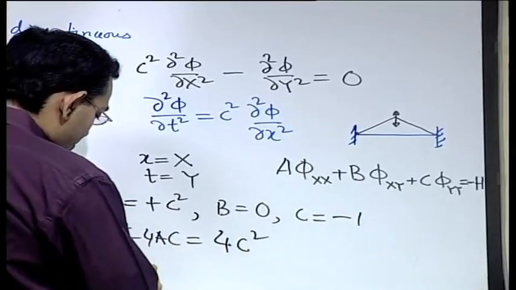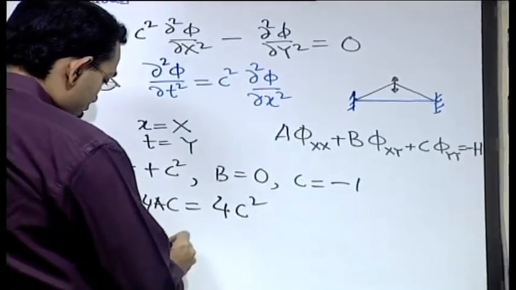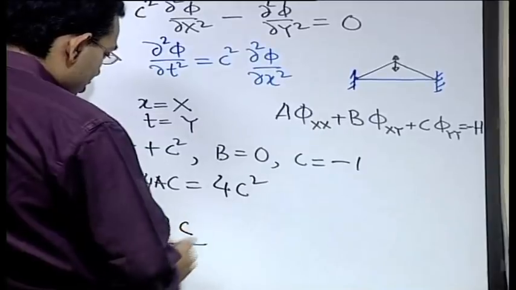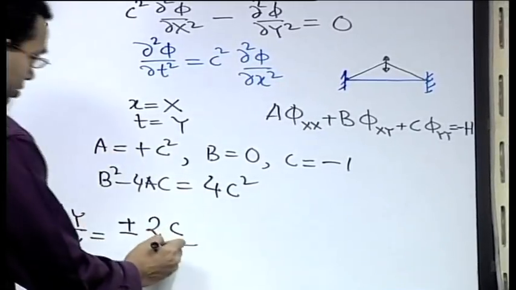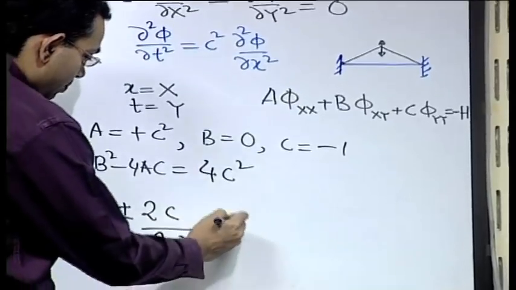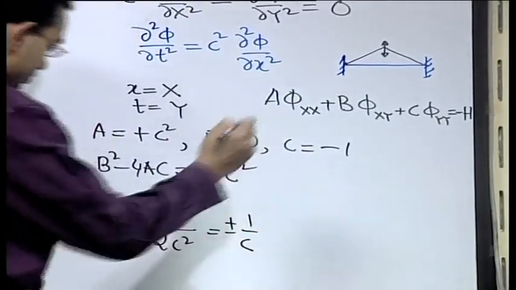B is 0, so plus minus 2c by 2c square. So, plus minus 1 by c.